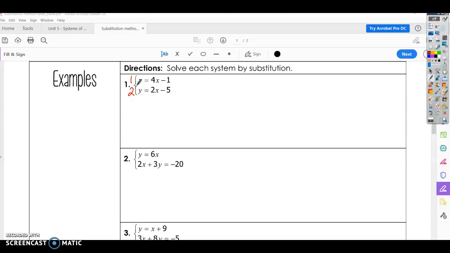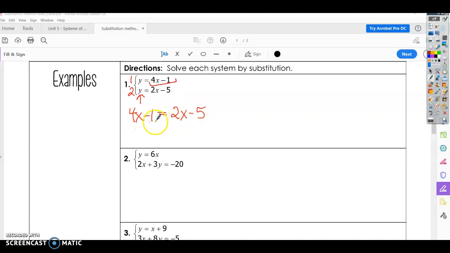Now if I know that y is equal to 4x minus 1, then I can substitute that in my other equation and solve. If I put 4x minus 1 in for y, I'll only have one variable in the second equation. So we're going to start with 4x minus 1 equals 2x minus 5.